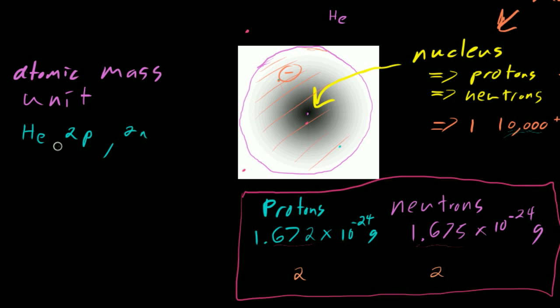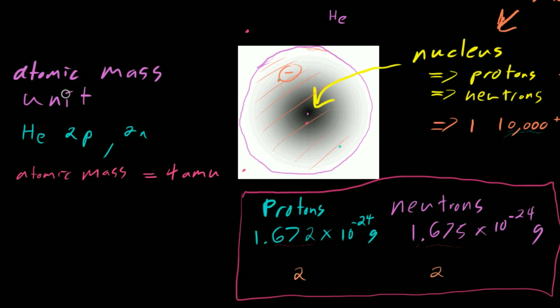This isotope has two protons and two neutrons, so our atomic mass is going to equal 4 AMU.